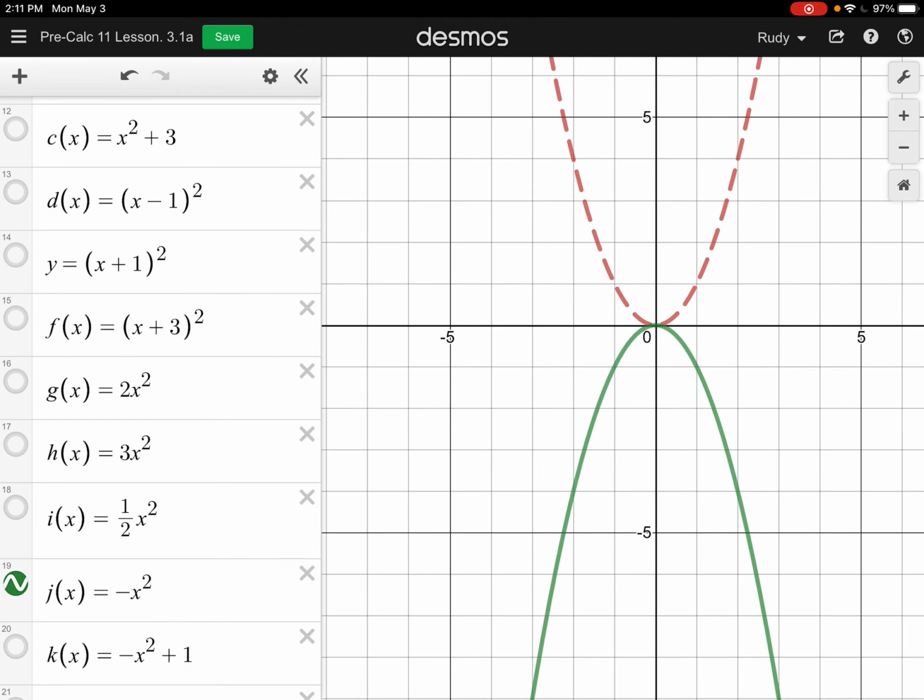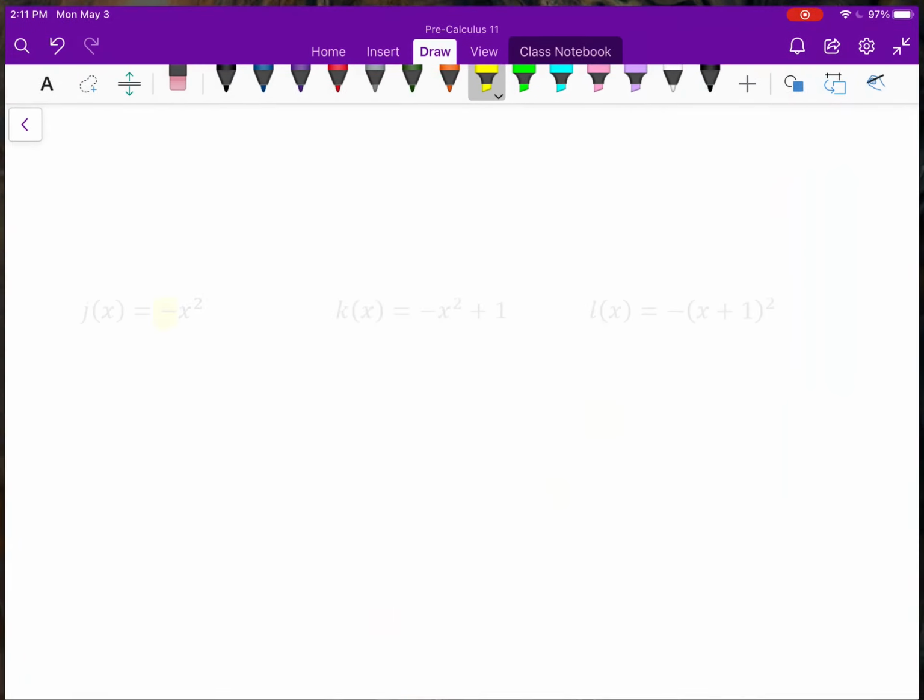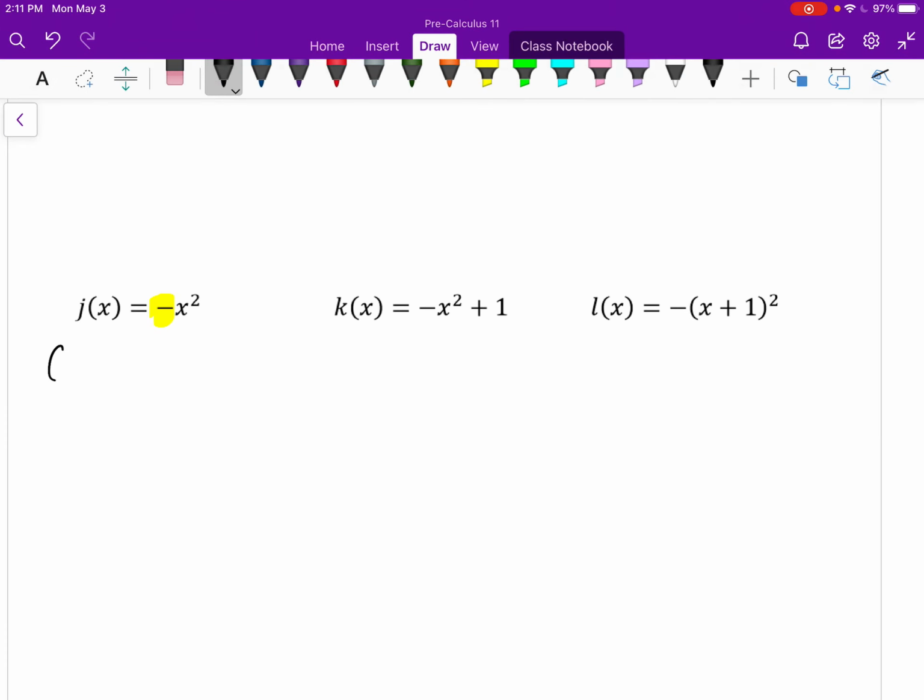And we call this a vertical reflection. But I'll put in brackets, it's been flipped upside down. But we call this a vertical reflection.